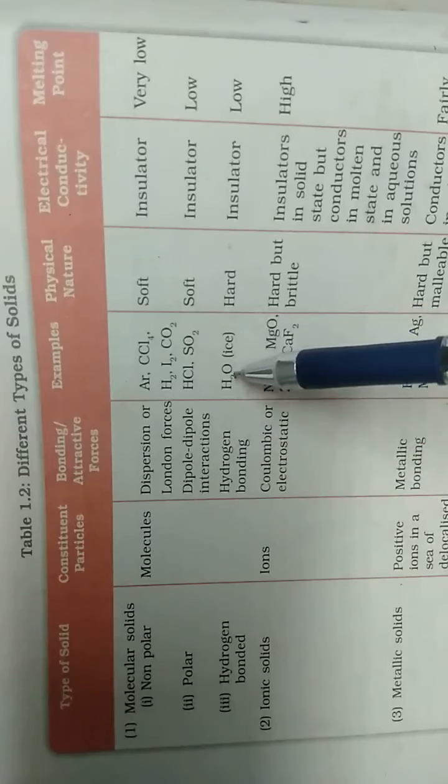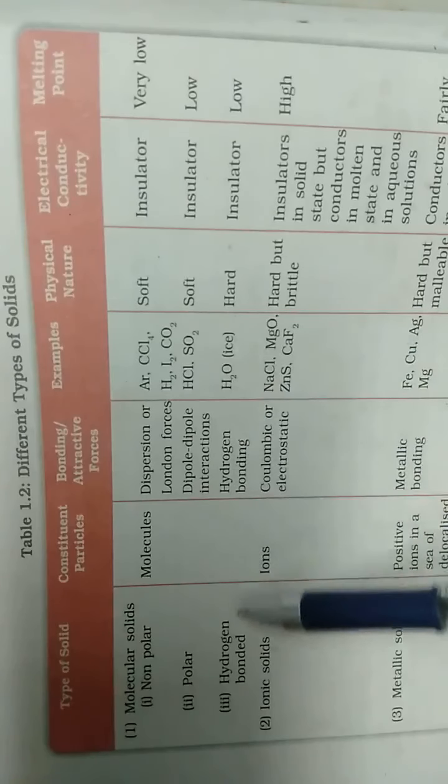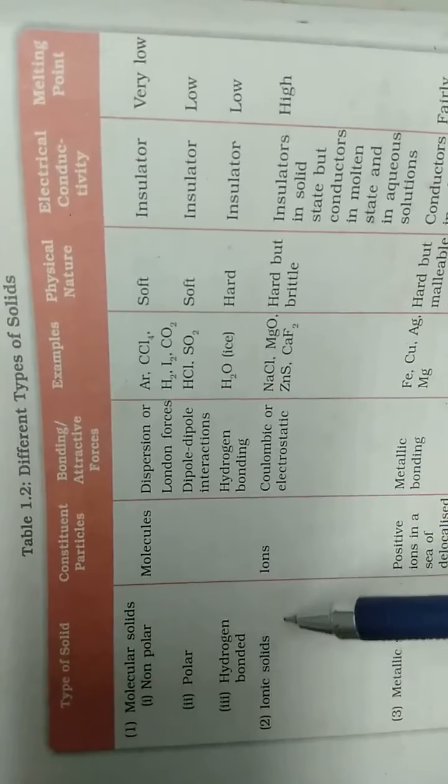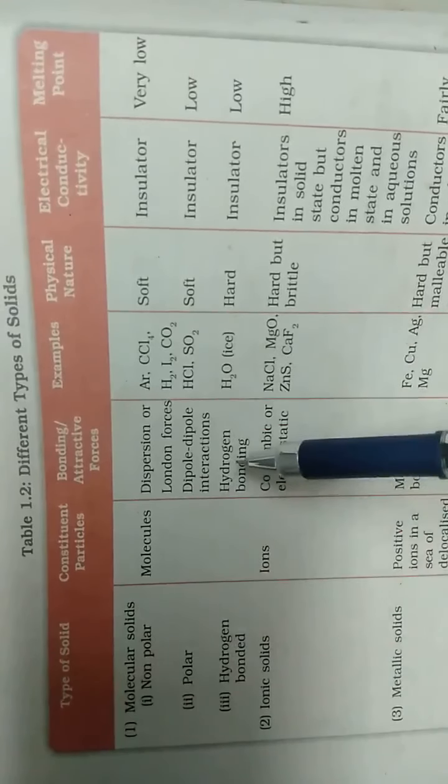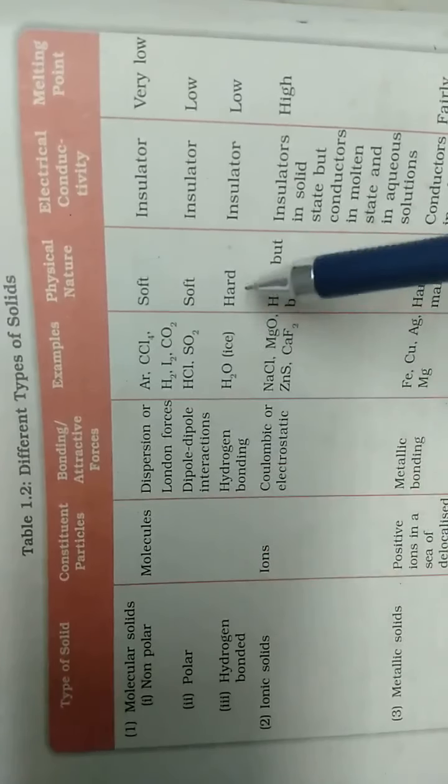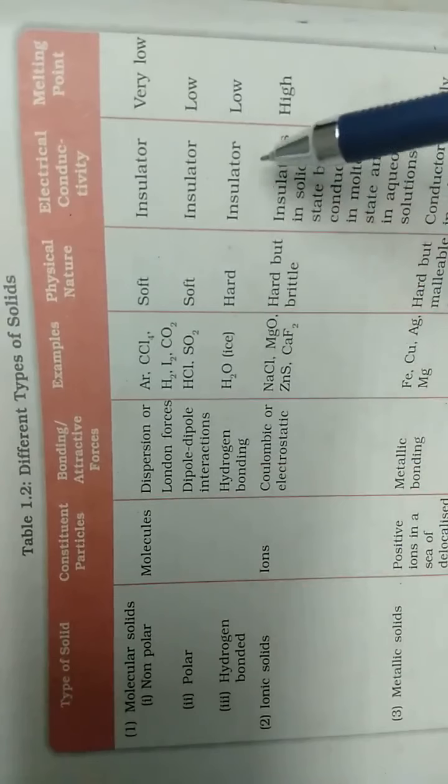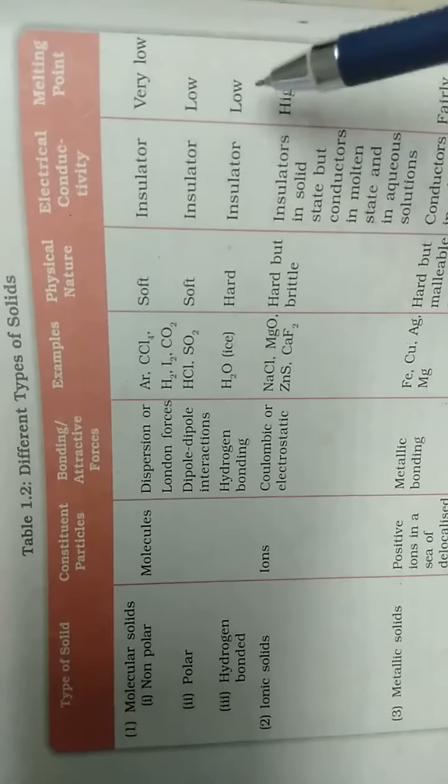So water molecules are associated by intermolecular hydrogen bonding. Therefore, water is a hydrogen bonded molecular solid. Due to the presence of strong intermolecular forces, hydrogen bonded molecular solids are hard. These are also electrical insulators, and melting point is low.